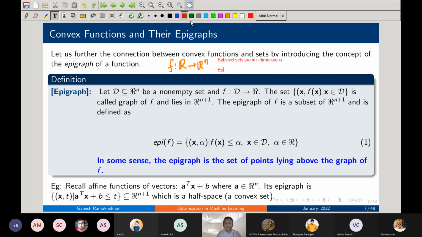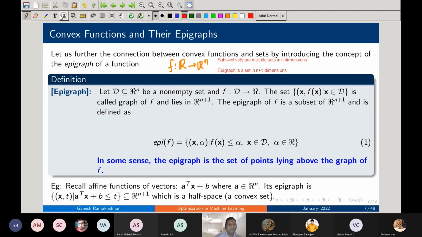However, there is a notion of epigraph, only one epigraph. Okay, epigraph is a set in n plus 1 dimensions. Sublevel sets are infinite, right? Multiple sets in n dimensions, whereas epigraph is just one set.